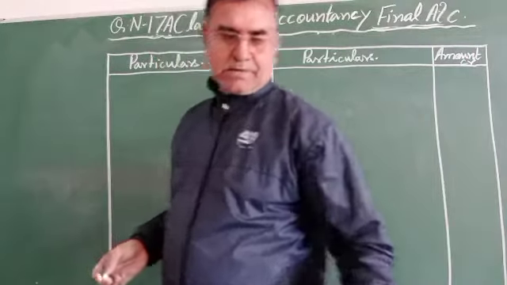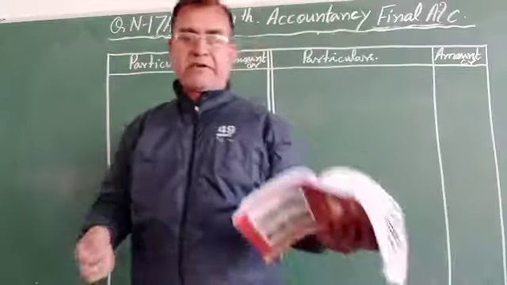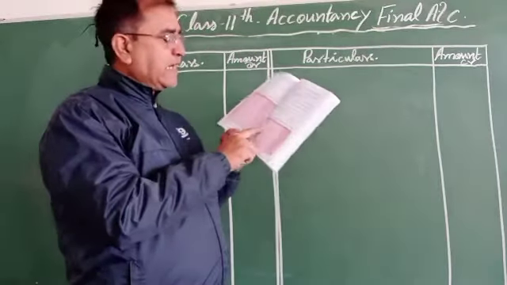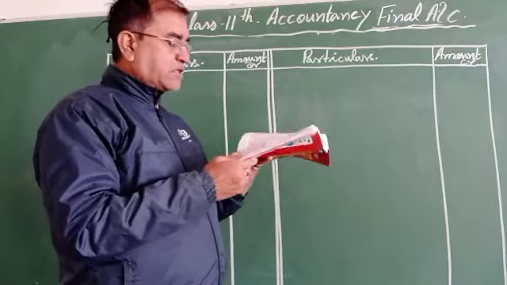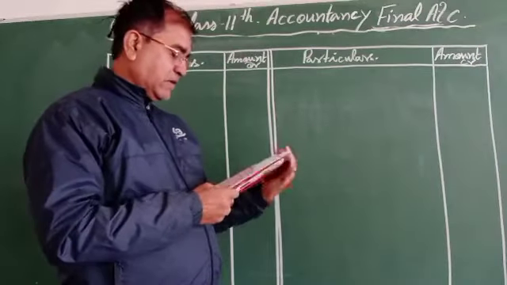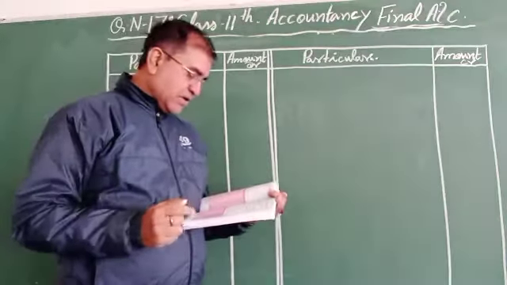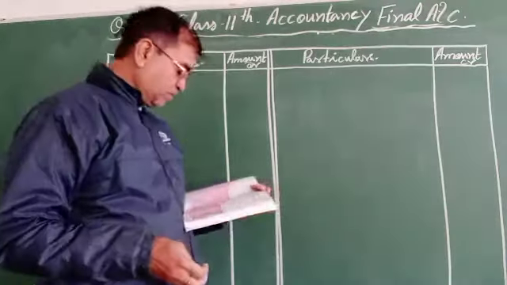Now see, this one is the question given in your textbook. Question number 17A. On 31st March 2017, the following trial balance was extracted from the books of Shah Ghanshyam Das.